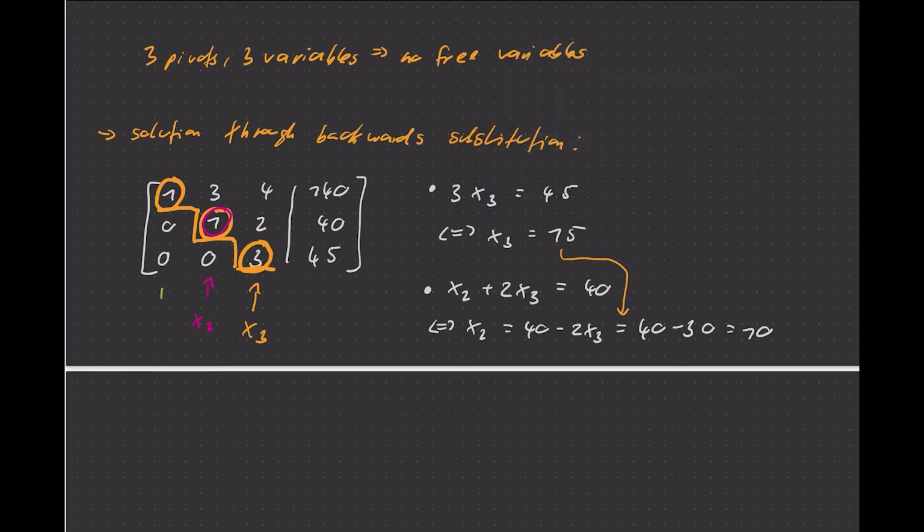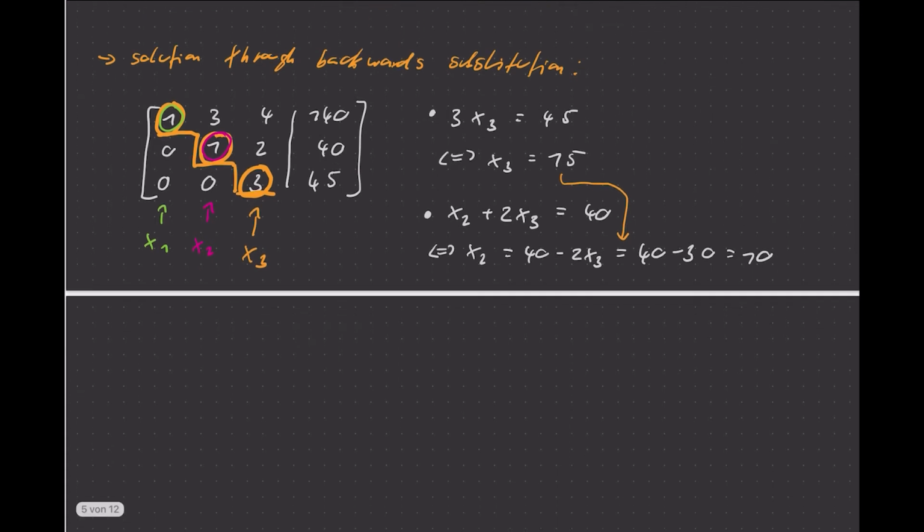And finally, here's our x1 column. It also has a pivot, so we can solve for that x1. And the first row corresponds to the equation x1 plus 3x2 plus 4x3 equals 140.